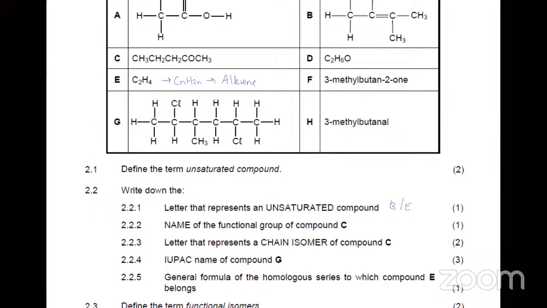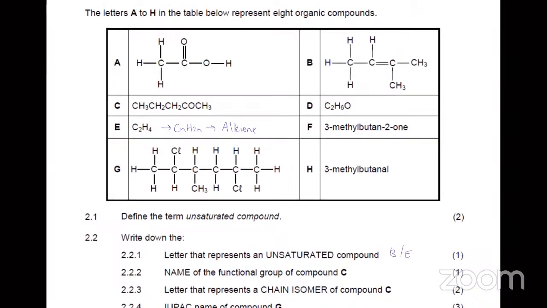Right, let's see what's next. Name the functional group of compound C. The best thing is to always draw it out. Someone said A. That's interesting because we can see a double bond between oxygen.